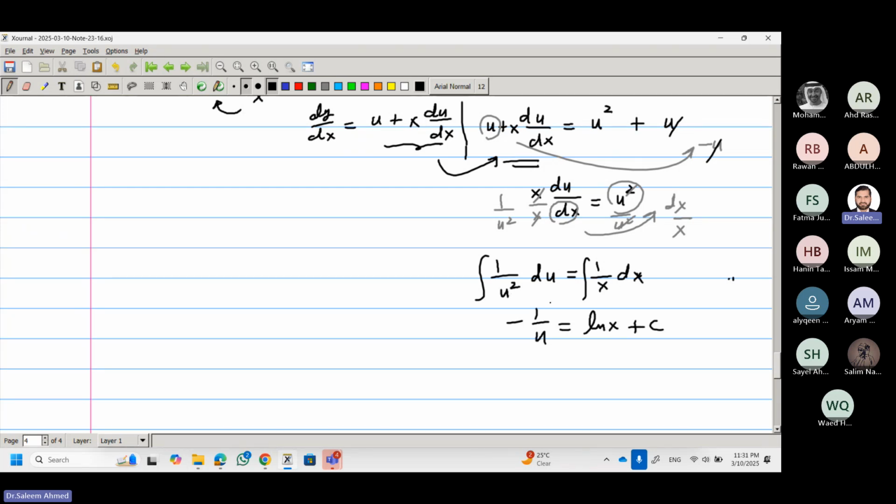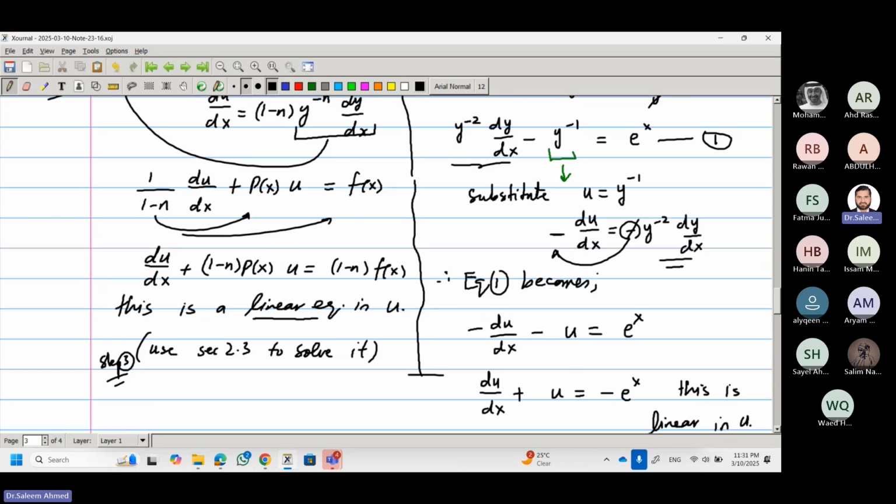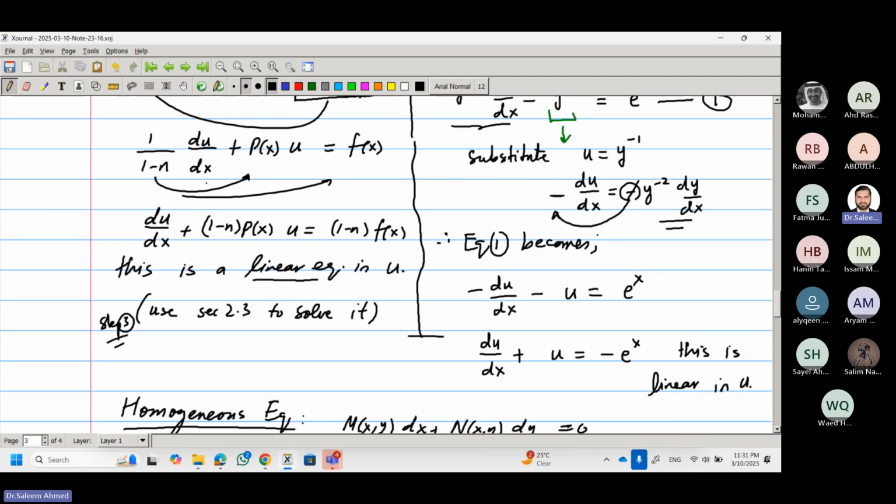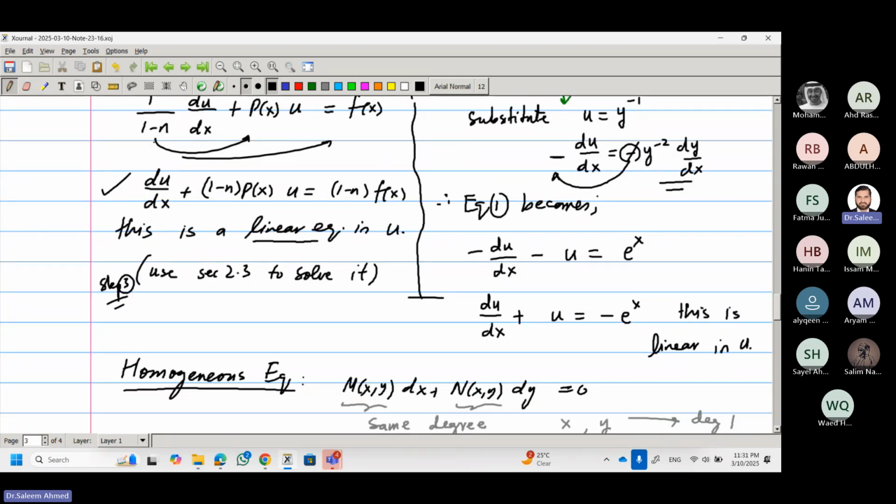But sometimes this integration becomes difficult on the left side. So like the Bernoulli equation, I will ask you to use a substitution to convert your equation to a linear equation. That's it, and stop. Don't do step 3, right?